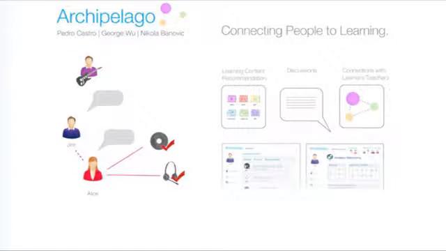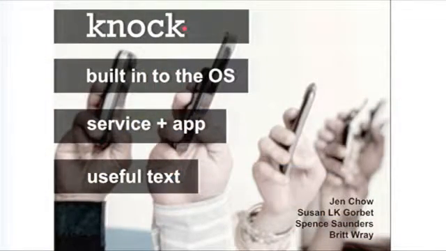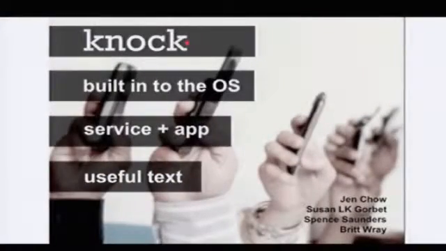Archipelago was a design that looked at self-directed learning, an online community-based system that promoted sharing of learning resources. And Knock was a service that allowed people to notify others that they wished to talk to them on the phone or wished to have a more extended communication, a very lightweight mechanism to do that.